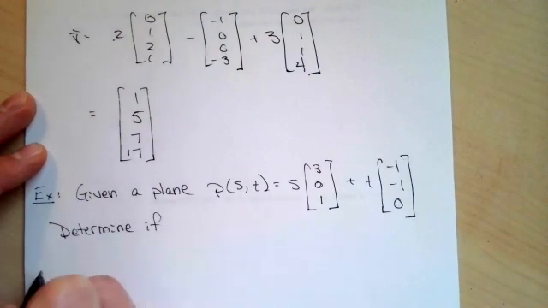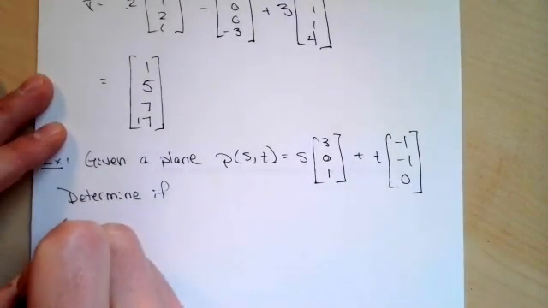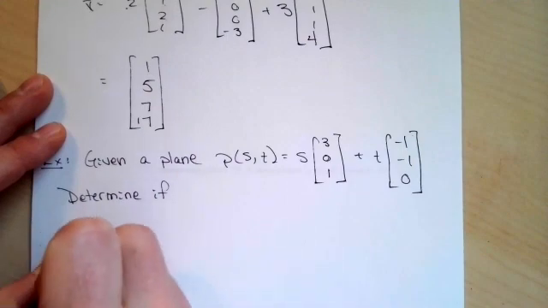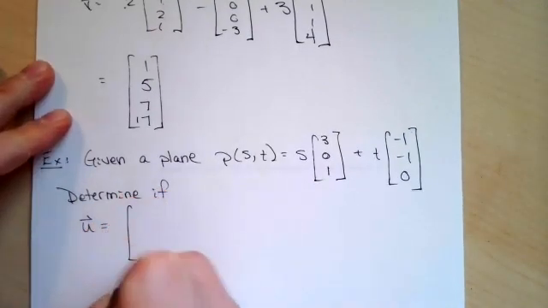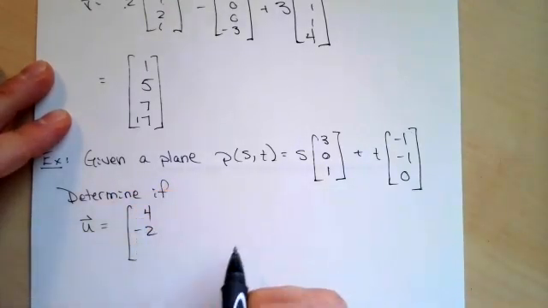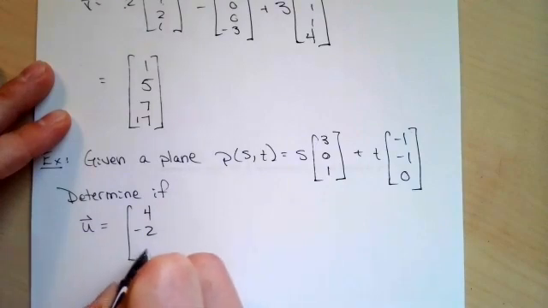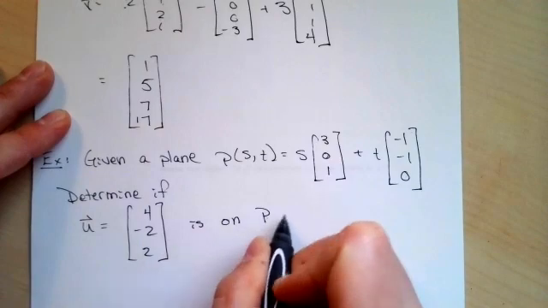Determine if the vector, let's call it u, equal to, let's see, let's do (4, -2, 2), is on P.